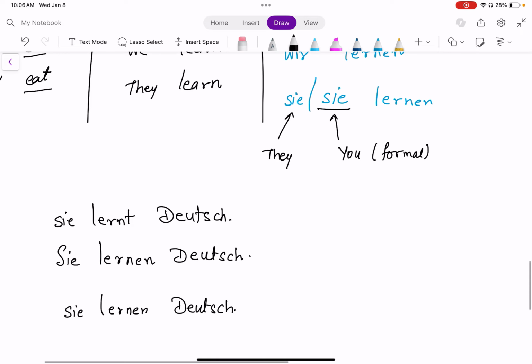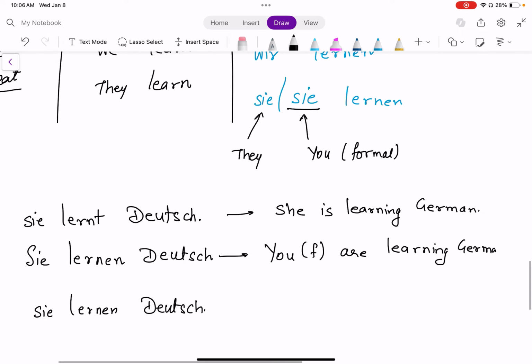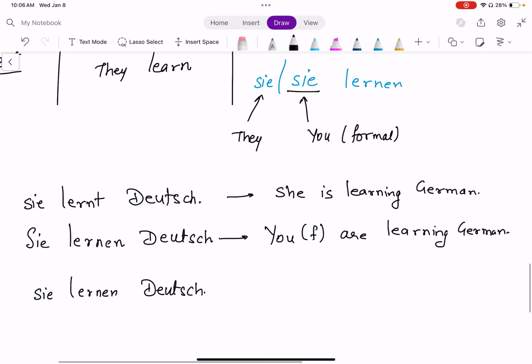This first one means she is learning German. What does this mean? This means you, this is formal, you are learning German. Okay? You are learning German.